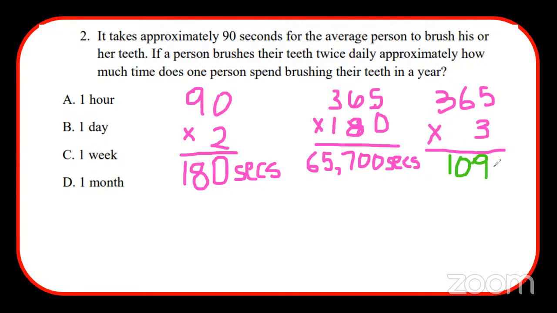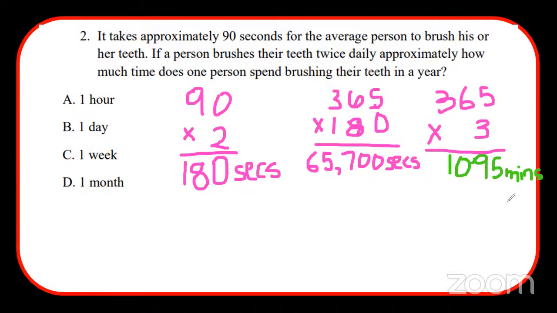Because now that we have seconds, and we need to make it a little simpler, we need to see how many minutes there are in 65,700 seconds. And that is where we will come up with 1,095 minutes. Great.